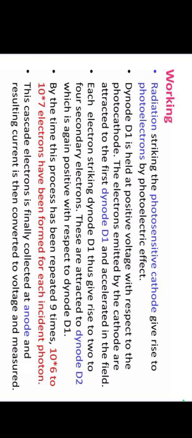Second one is to determine the purity, whether the sample is impure or pure. Third one is to determine the quality of the drug substance. Whether the drug material is of quality or not will be checked by using the photomultiplier tube. These are the applications of the photomultiplier detectors.